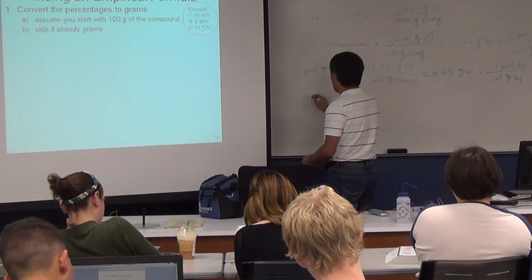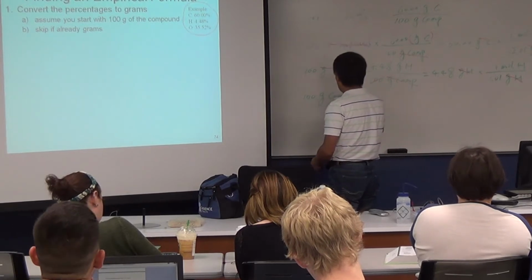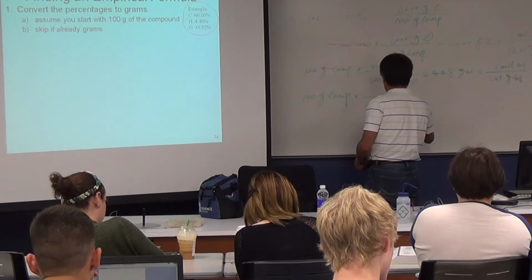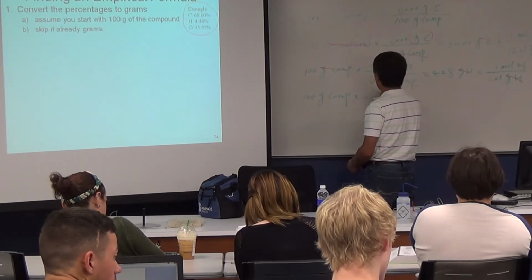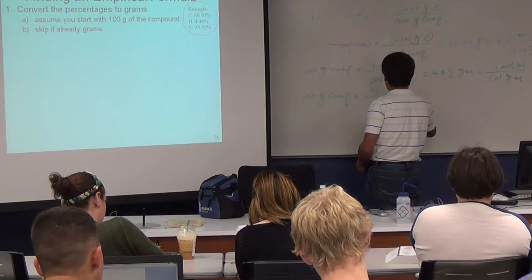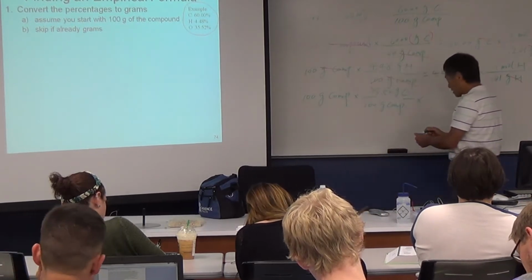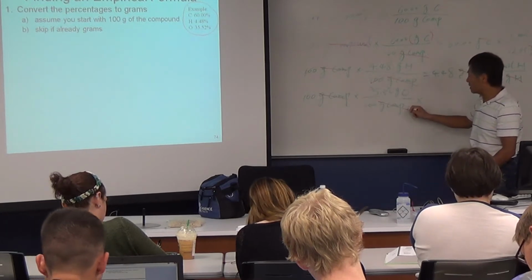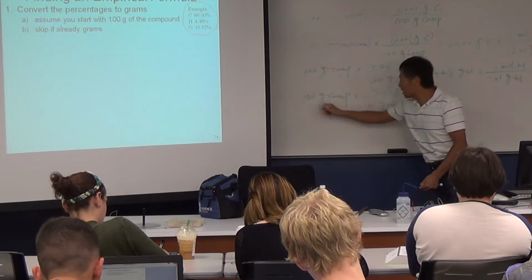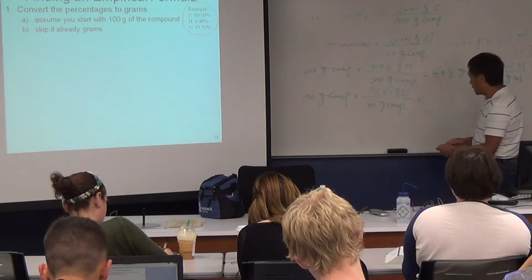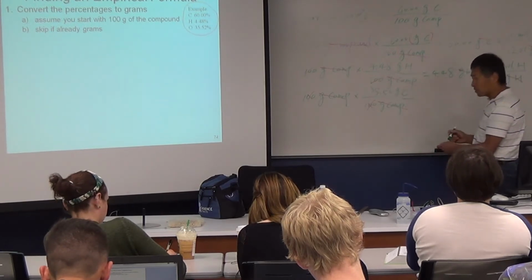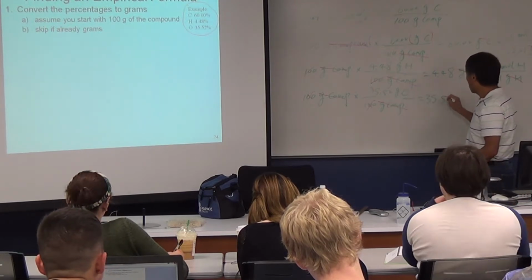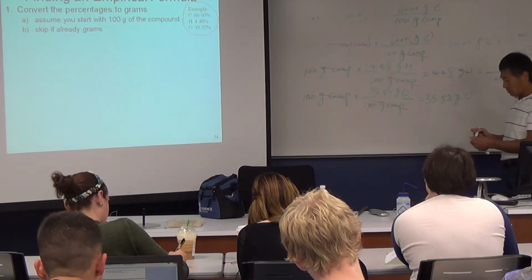So we start with 100 gram of compound, and for every 100 gram of compound, you have 35.52 gram of oxygen. Okay? And similarly, the gram compound comes out, the 100 comes out, so therefore you will get 35.52 gram of O, right?